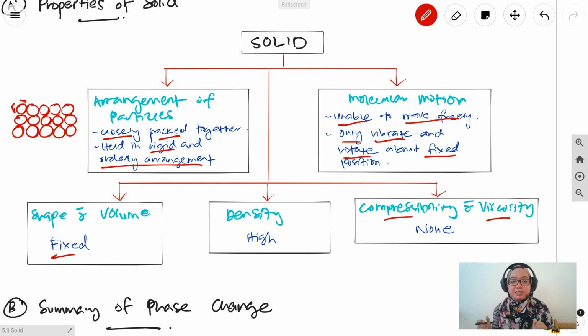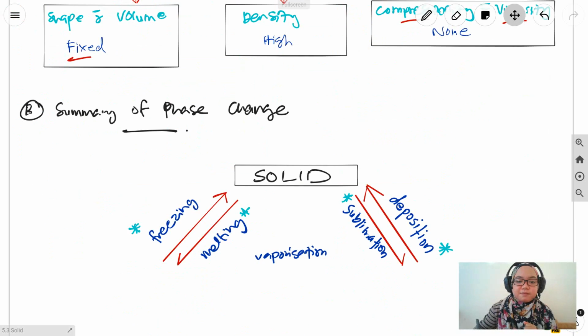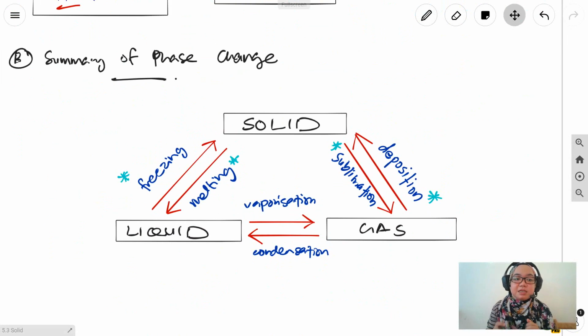Next, we are going to look at the summary of phase change, and we are going to highlight the phase changes that happen in solid. This is the summary of phase change between the 3 phases, which is between solid and liquid, between solid and gas, and between liquid and gas.